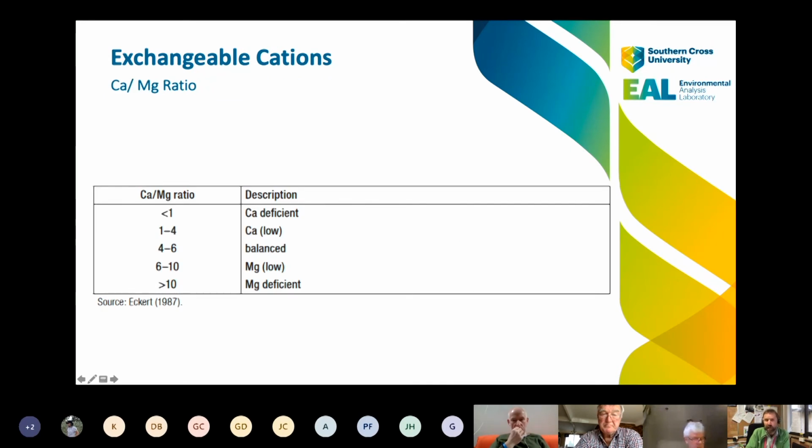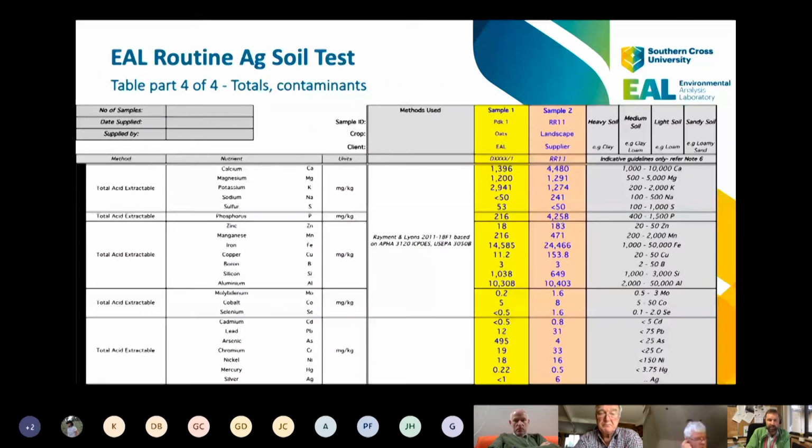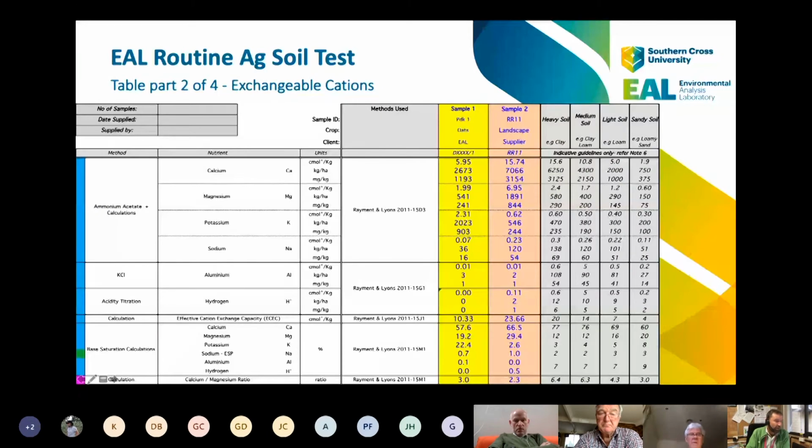Also, your exchangeable calcium magnesium ratio. I haven't concentrated on that much yet, but I've talked about soil physics, compaction, and all that. And that's really what you want to look at, your calcium magnesium ratio. I'm going to step back one step to show you what it is. Your calcium to magnesium ratio is hiding down here. I sort of failed to mention it.